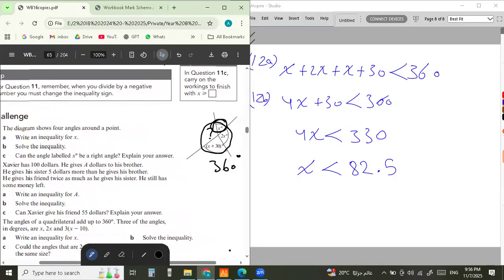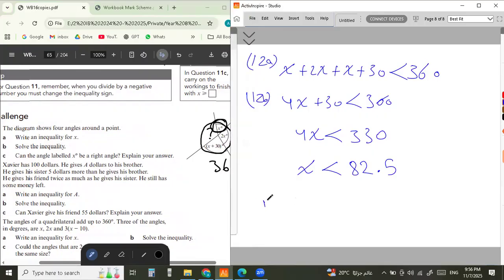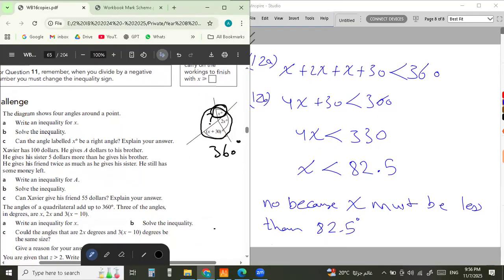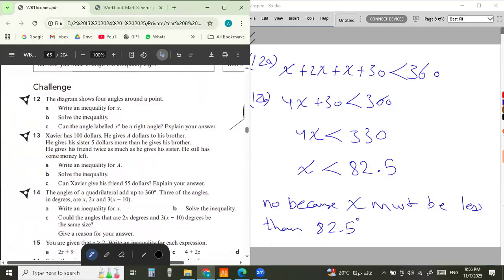Because you're supposed to say no because X must be less than 82.5 degrees. So it cannot be a right angle because a right angle is 90. We all know this, right?